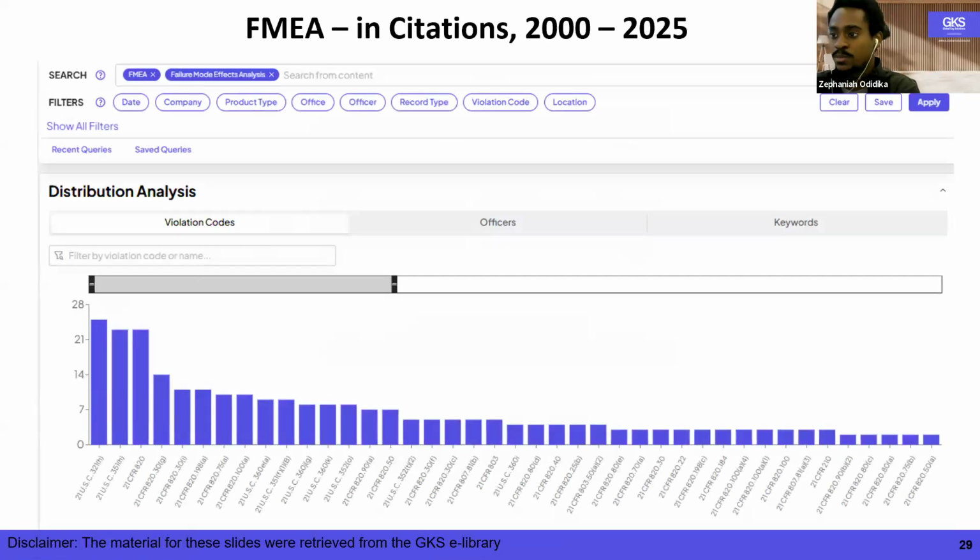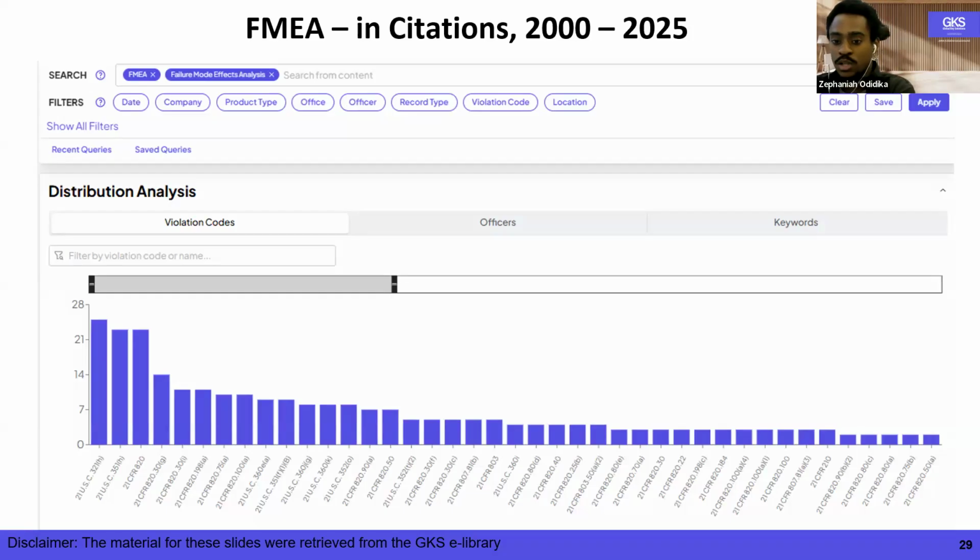So as Bill mentioned before, FMEA is a really big deal. The GKS eLibrary analysis chart highlights FMEA linked FDA citations in this picture from 2000 to 2025. While not as common as CAPA situations and citations, these violations remain significant, especially those tied to design and process risk.